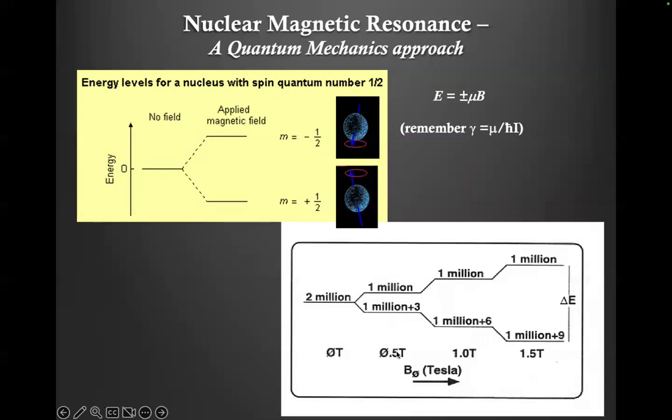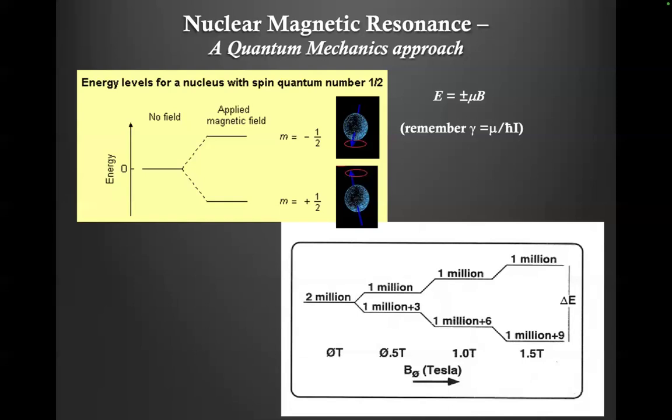But as soon as you apply a bit of magnetic field, 0.5 Tesla, 1 Tesla, 1.5 Tesla, you are going to have a roughly even split of these nuclear spins between the parallel and anti-parallel directions. And the higher the external magnetic field, the more protons you have in the lower energy state than the higher energy state. Their energies are also going to be farther apart.